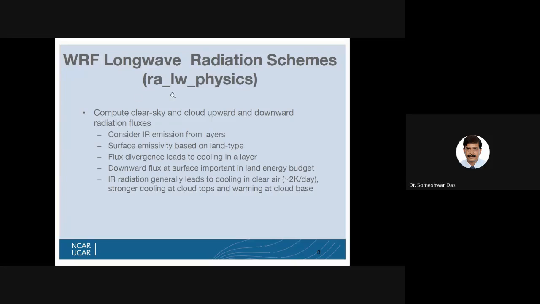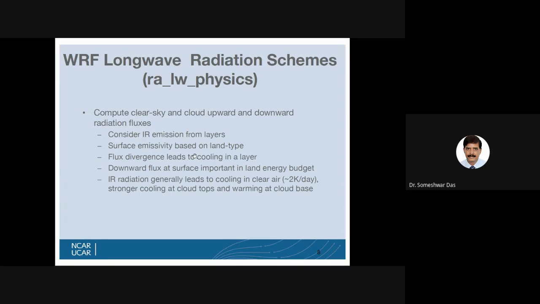Now, this long wave radiation parameterization computes clear sky and cloudy sky, upward and downward radiation fluxes. That is one of the purposes of the long wave radiation parameterization scheme. It considers IR, infrared emission from different layers of the atmosphere, and surface emissivity based on land type.